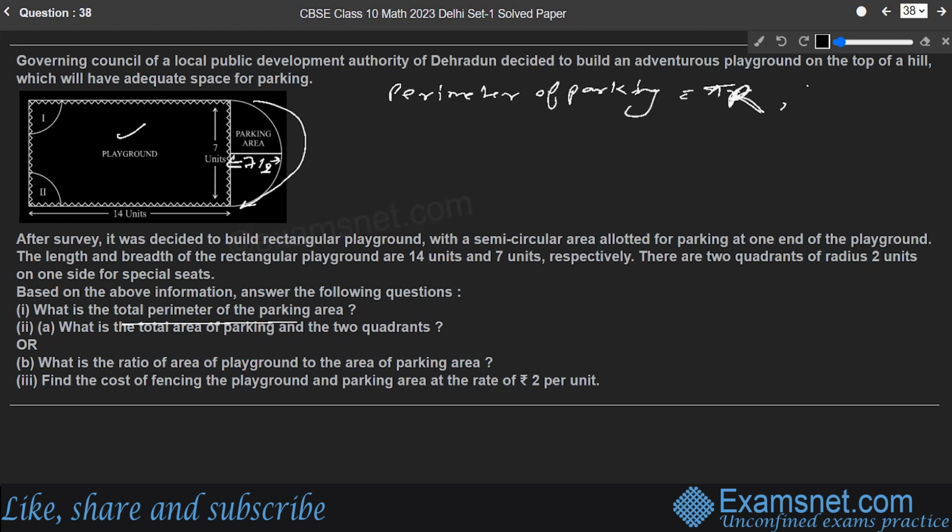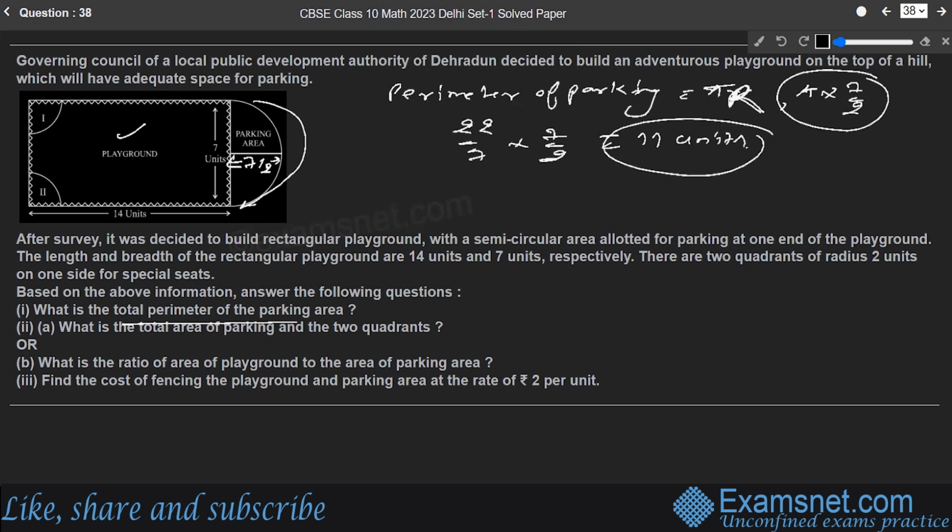So we can simply write pi into 7 by 2 for the perimeter of the parking area. We know the pi value is 22 by 7, so 22 by 7 into 7 by 2 comes out to be 11 units. That is the perimeter of the parking, 11 units.